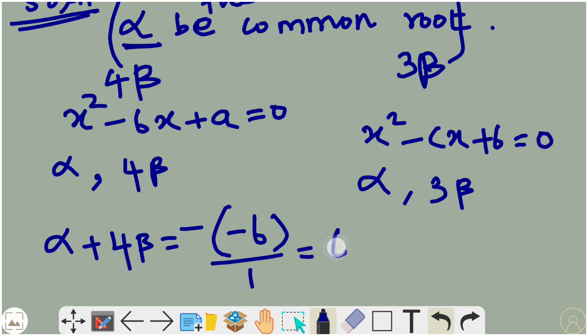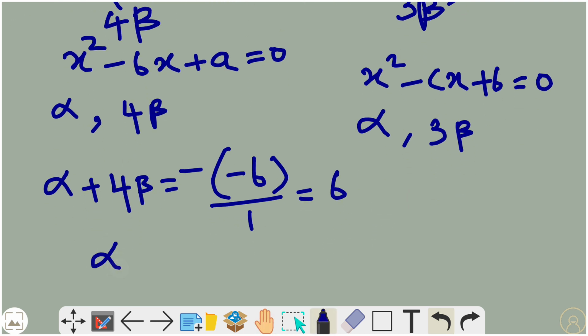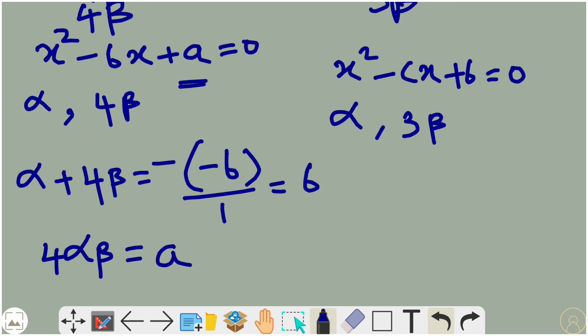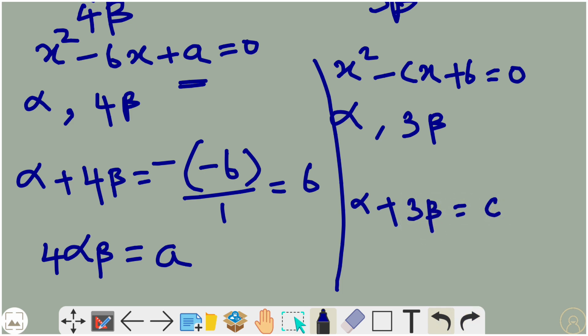So 6 is the sum of the roots, and the product of the roots, alpha into 4 beta, that is 4 alpha beta, is equal to a. Now for the second quadratic equation, alpha plus 3 beta is equal to c, and 3 alpha beta is equal to 6.